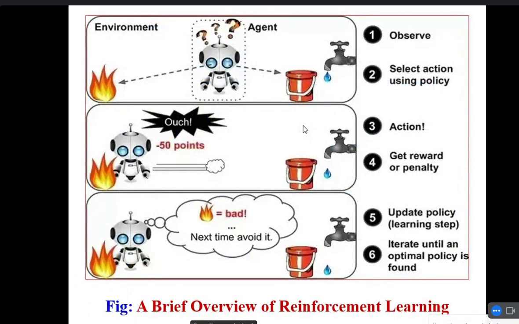Then there is a small example I would like to explain: how reinforcement learning works. There is a small analogy, try to understand. On the right side we have fire, and on the left side we have a tap with a bucket of water. Now the intelligent robot, the agent, observes the environment and selects an action using a policy.